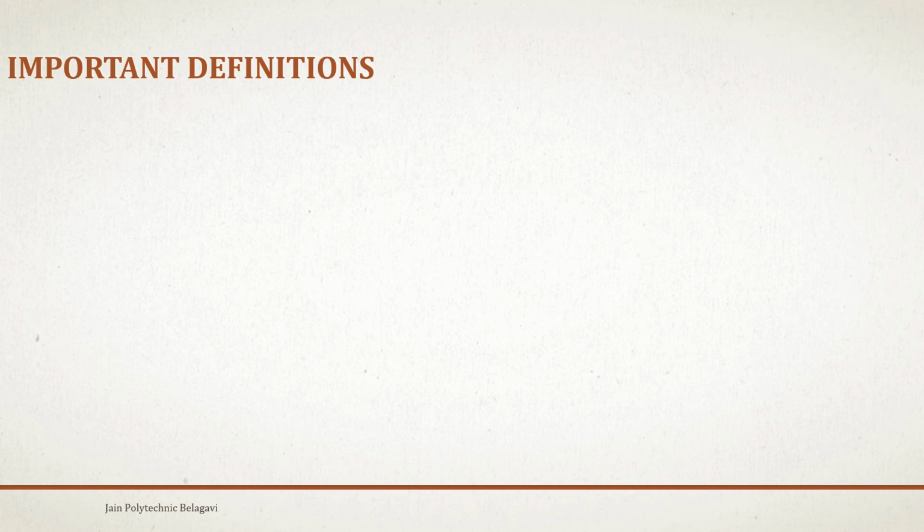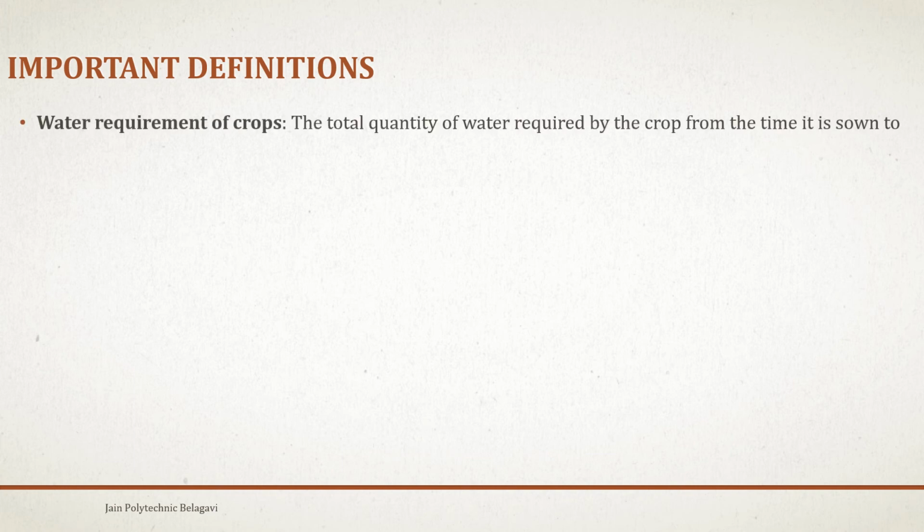Next, we will understand some terminologies. What are they and what is their importance? Water requirement of crops: the total quantity of water required by the crop from the time it is sown to the time it is harvested.